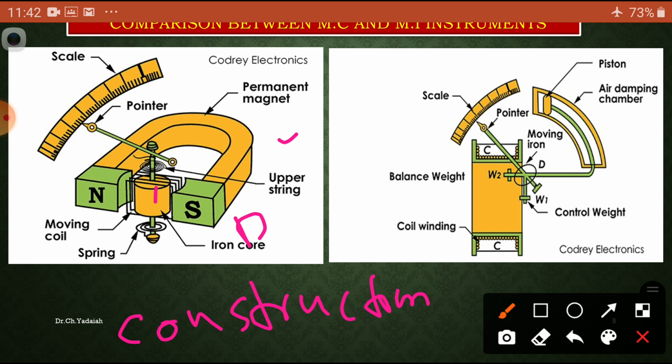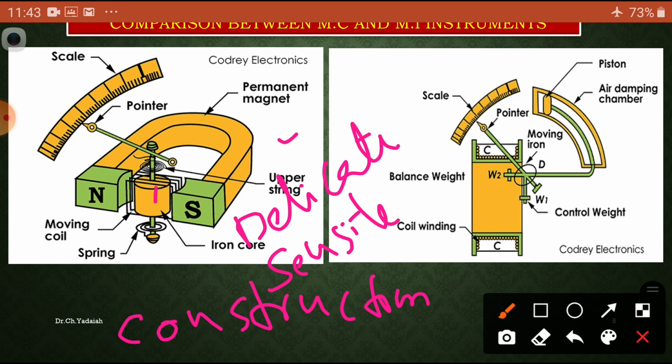So while using moving coil instruments we should take care. At the same time it is very sensitive, delicate and sensitive. Whereas the moving iron instrument is robust, and it will also give accurate values.